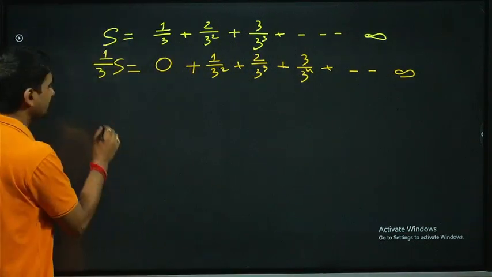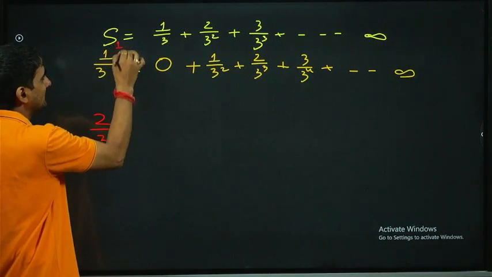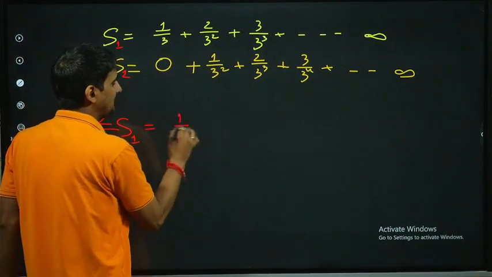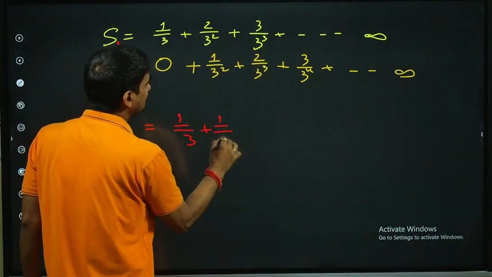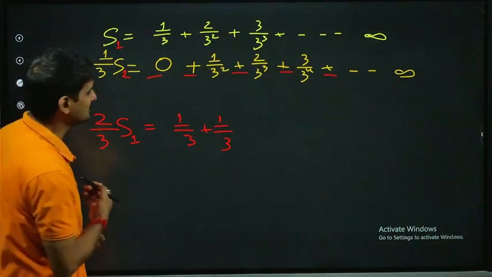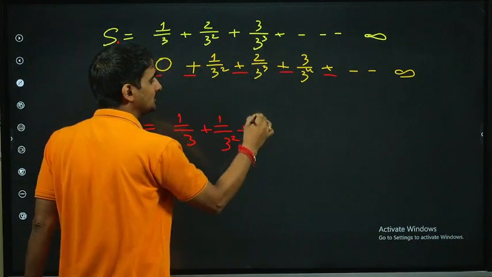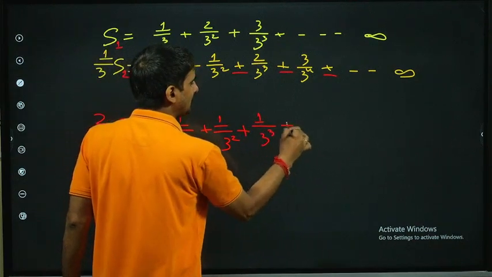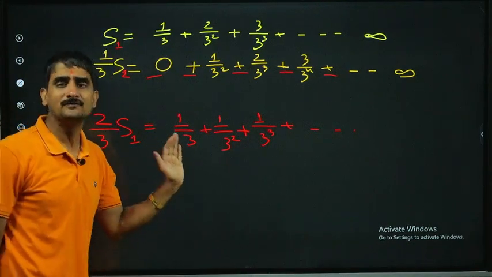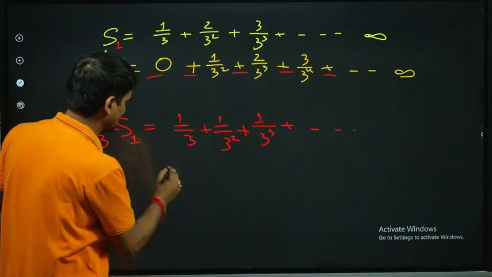Now subtract them, you get 2 by 3 S. Let's call it S1 because S we have already used. So 1 by 3, 1 by 3². When you subtract these terms, 2 by 3² minus 1 by 3² is 1 by 3², 3 by 3³ minus 2 by 3³ is 1 by 3³, and so on. So that's a simple direct GP of infinite terms with first term 1 by 3 and common ratio also 1 by 3.